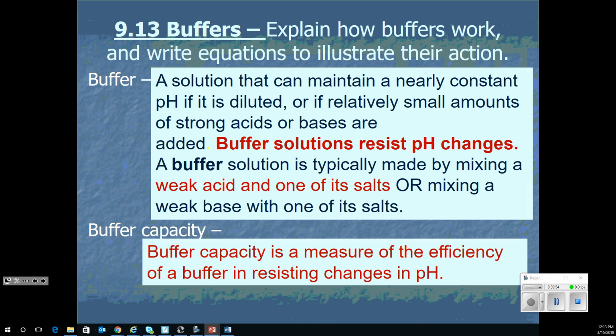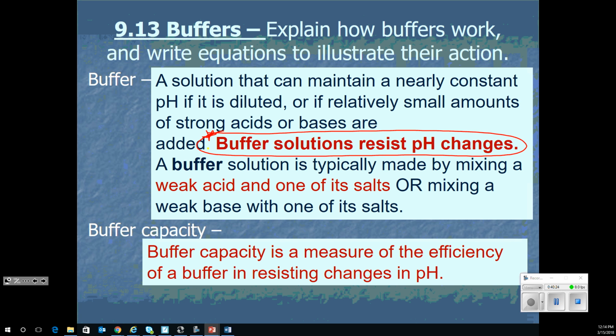Okay, now this is what I was trying to get to, buffers. A buffer is a solution that resists pH changes. We actually have 3 buffers in our body to keep our pH at a certain level. If we don't keep it at a certain level, we die. We only have very little leeway that we can move our pH. So a buffer, if I add acid or if I add base, will maintain that pH at a certain point until I break the buffer.